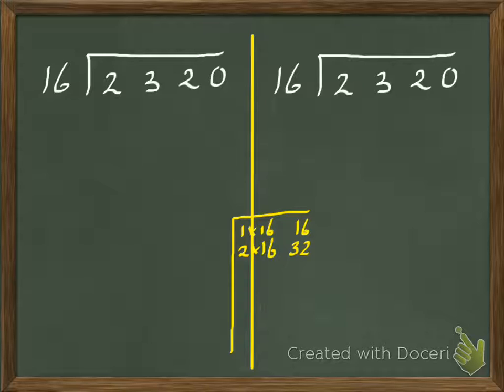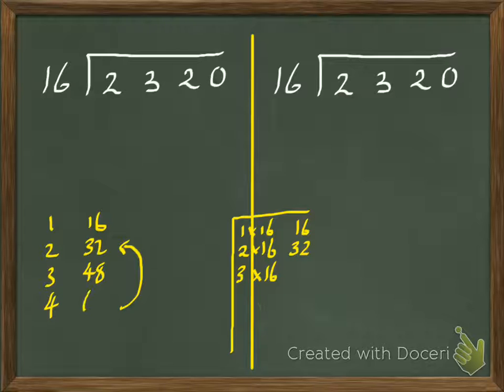Now, 3 times 16. You might end up just doing a table like this, because it is only a memory thing. It's not something that's going to get marked. It's only to remind you of what's going on. 3 times 16 is 48. 4 times 16 is just 2 times 2, so 4 times 16 has got to be 64.